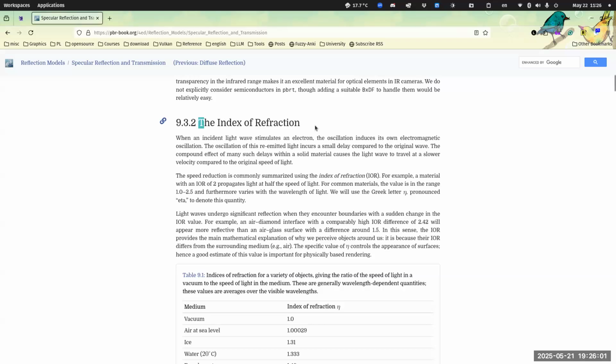So index of refraction. When incident light waves stimulate an electron, the oscillation induces its own electromagnetic oscillation. The oscillation of this re-emitted light incurs a small delay compared to the original wave.